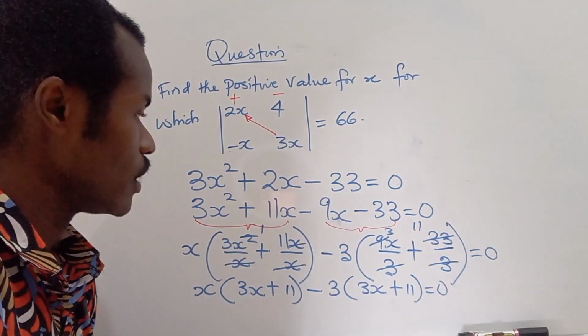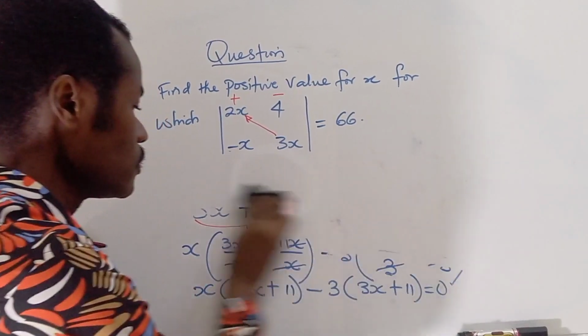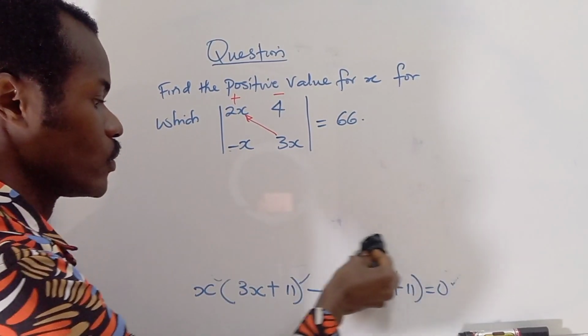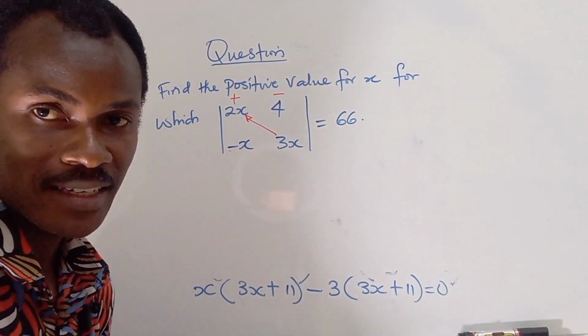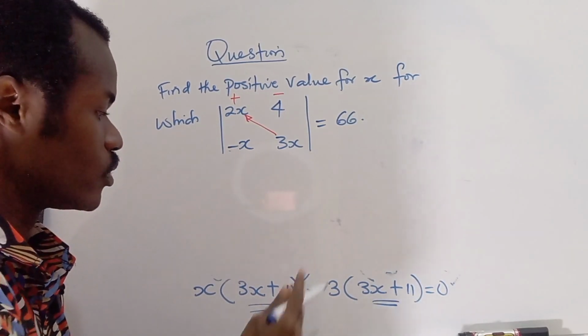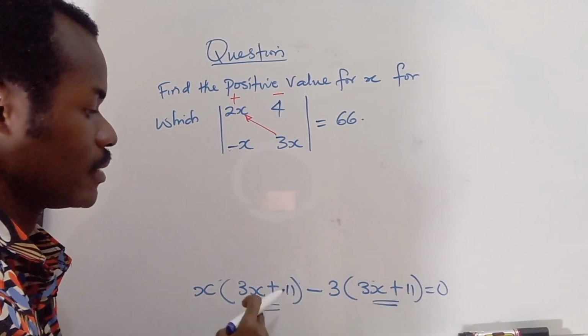Right? So from this, we can also observe that something is common. So what is common there, we can observe is the brackets. Now, this and this are common. So all I need to do is I'm going to factor out these. Okay?